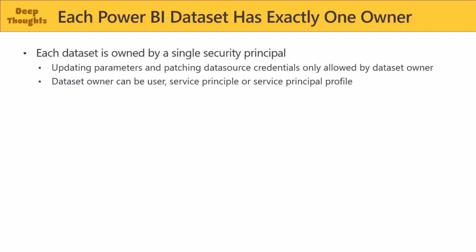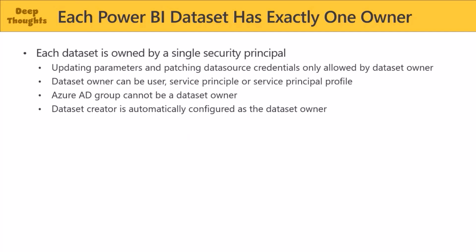The dataset owner can be a single user, a single service principal, or a single service principal profile. You can't have an Azure AD group be the owner, because that would be multiple security principals. That trips people up, because if you've set the credentials, I can't go in and change the parameters afterwards, or I can't set the refresh schedule. So there can only be one owner.